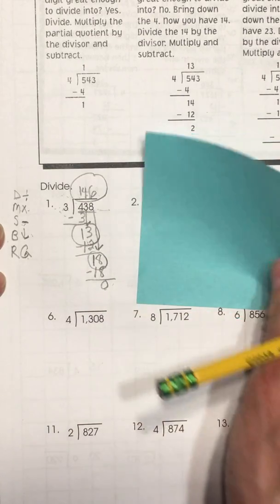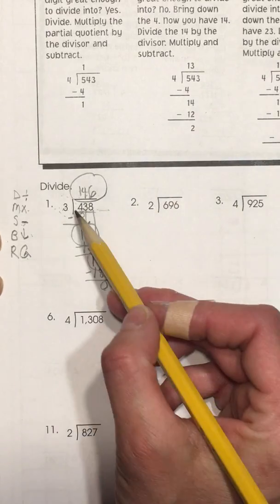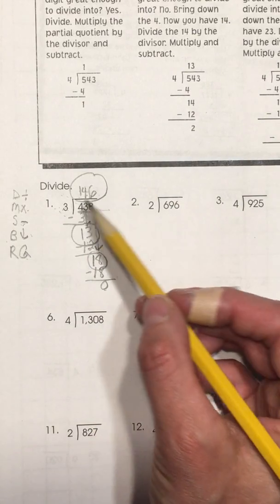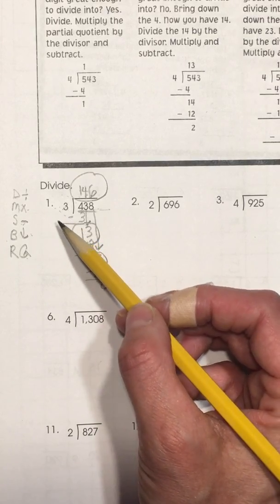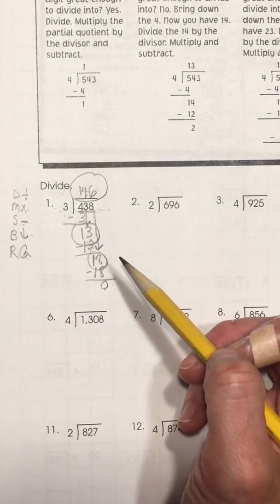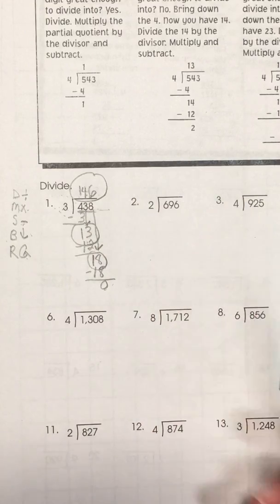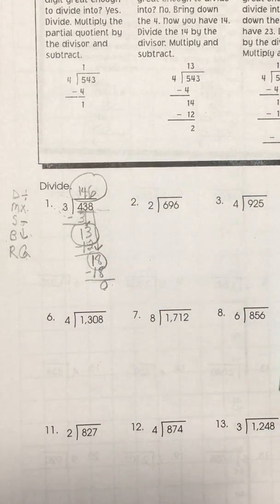If it's easier, put it into a story. I have 438 cookies. I put them in bags of 3 for our class party. I can make 146 equal baggies of cookies.